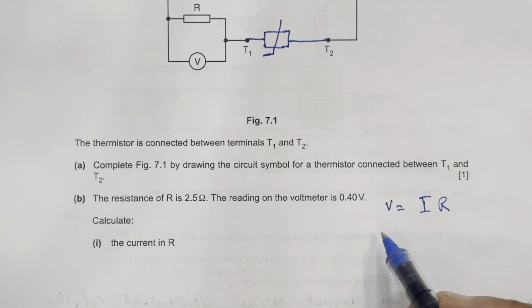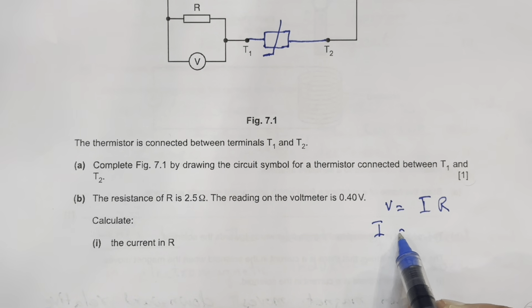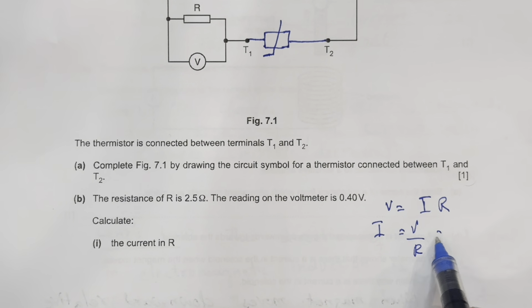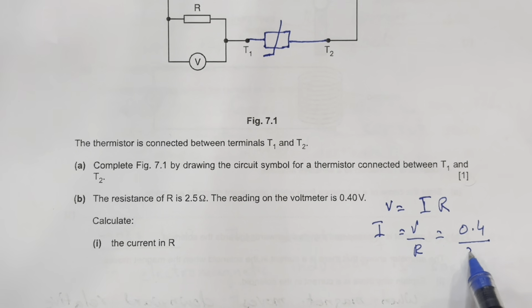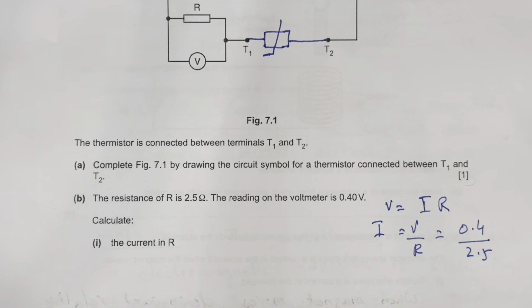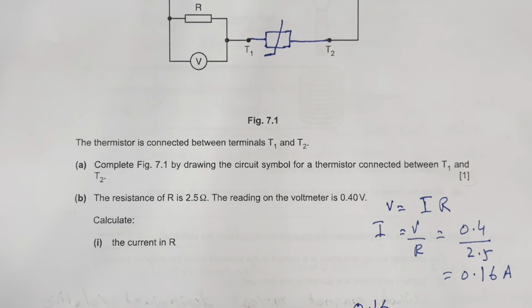So we have to calculate current in the R. The formula for the current would be V by R. V is given, that is 0.4. R is also given, that is 2.5. Dividing 0.4 by 2.5, the answer would be 0.16 ampere. So we're going to write over here 0.16 ampere.